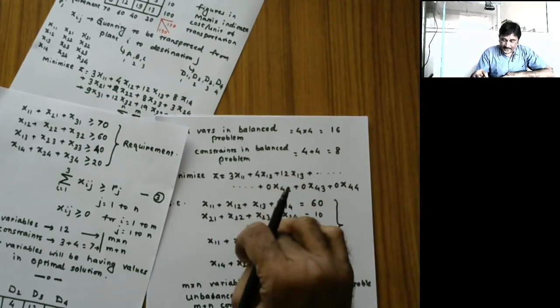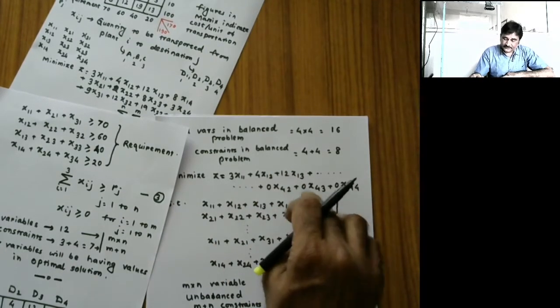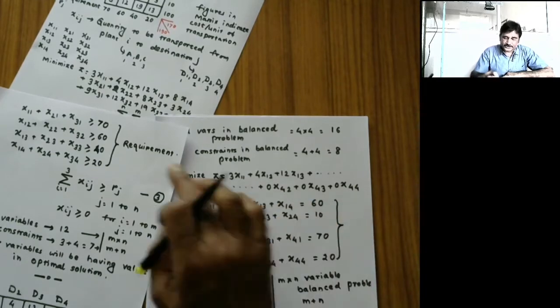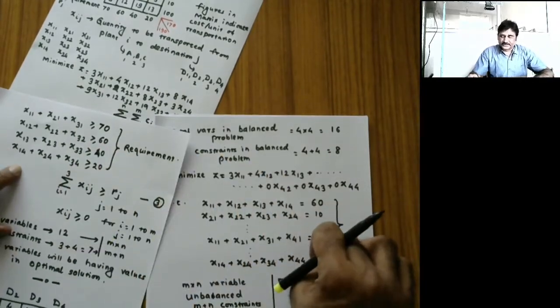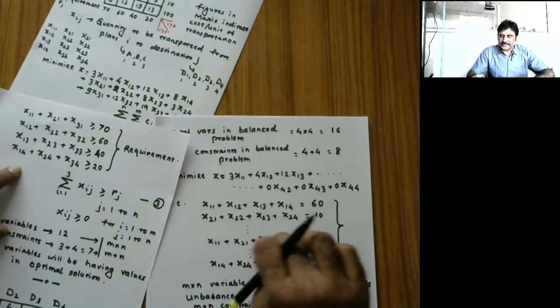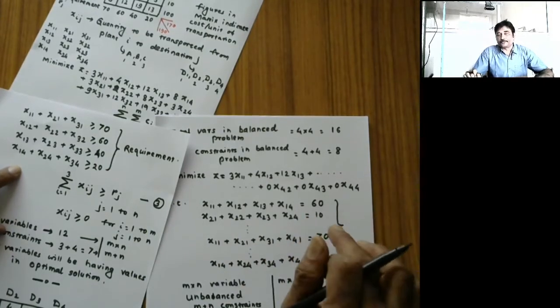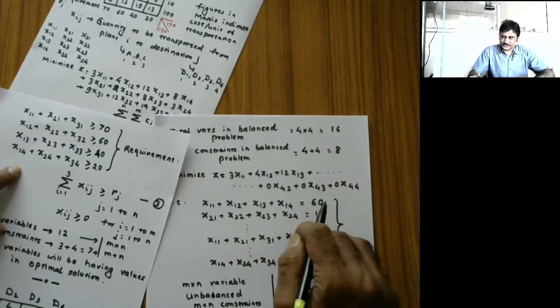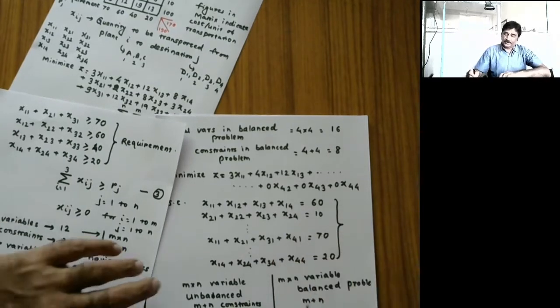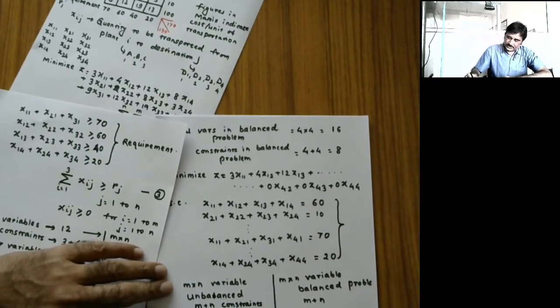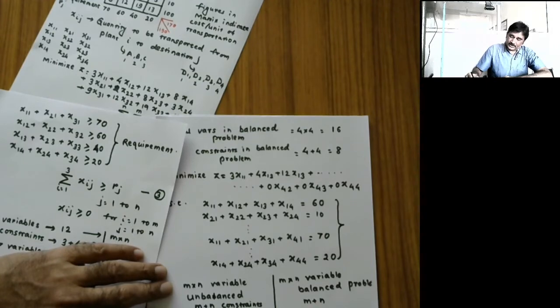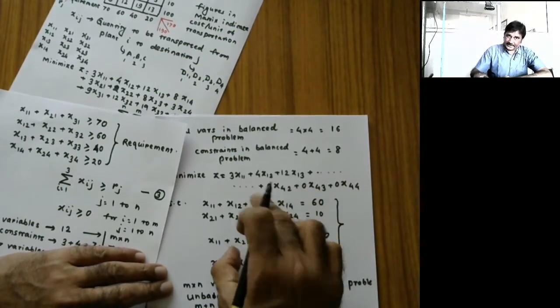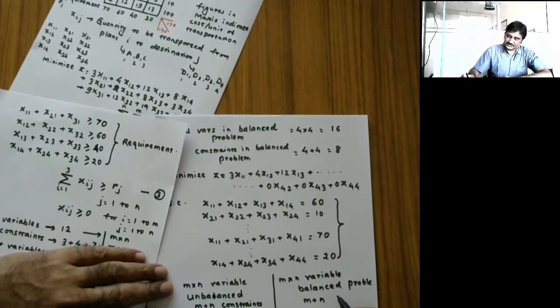So that one constraint invisibly added into this formulation allows us to take out one constraint. So the effective number of constraints in this problem is m plus n minus 1. Even though you are going ahead with m plus n constraints, the effective constraints in the balanced problem are m plus n minus 1.